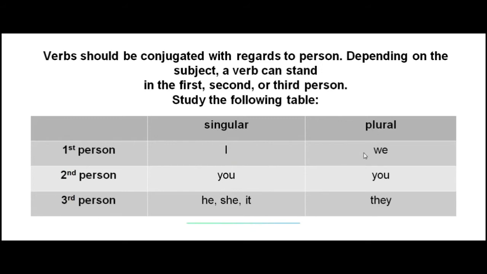Plural, we. When the subject is in the second person and it's singular, we use you. Plural, you. And when the subject is in the third person and it's singular, we use he, she, or it.